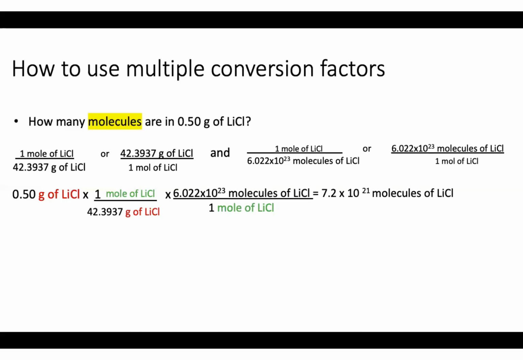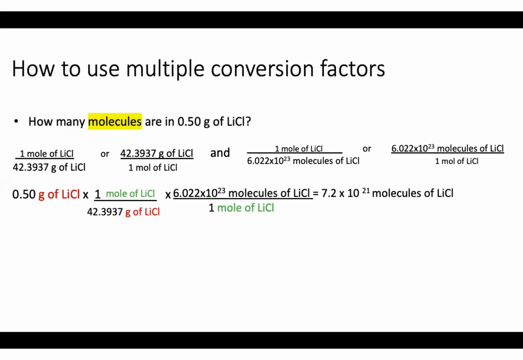This way you have only 2 conversion factors to focus on. Then if they ask for molecules, you should use conversion factor number 4. If they are asking how many atoms, you should use conversion factor number 2. This way, you get an idea how to use these conversion factors.